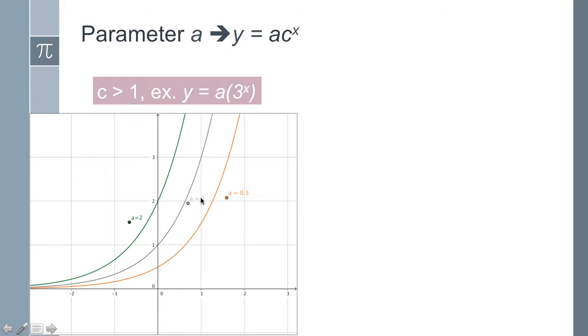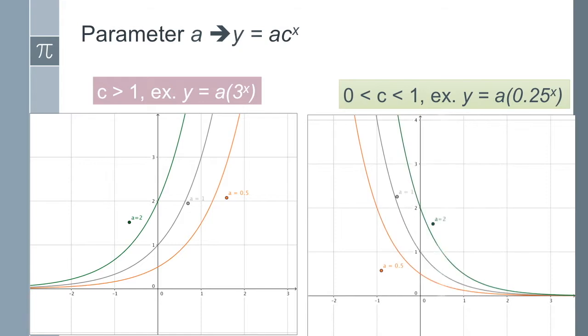So in all these cases, we can see what a is just by where it crosses the y-axis. In the example where your function is decreasing, so c is between 0 and 1, in this case 0.25, again, you can easily see where it crosses the y-axis, and that is how you identify what your a is, where it crosses.